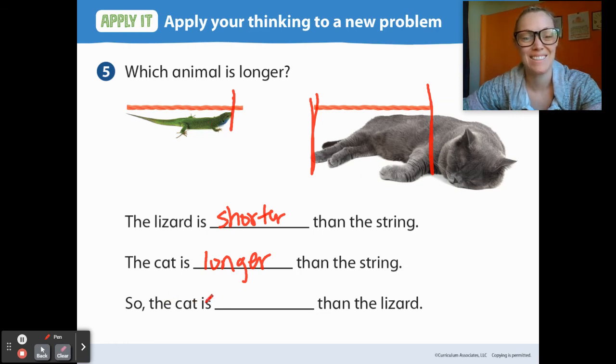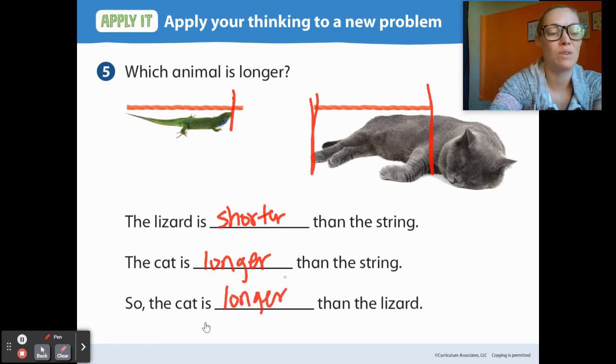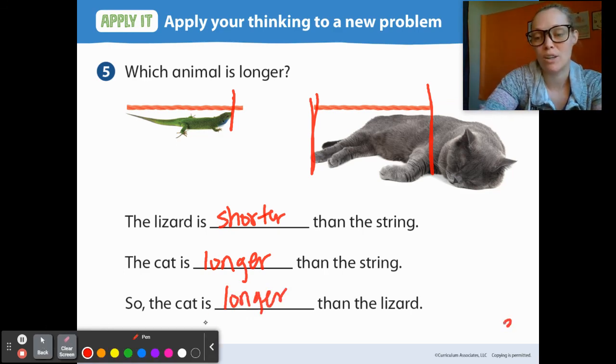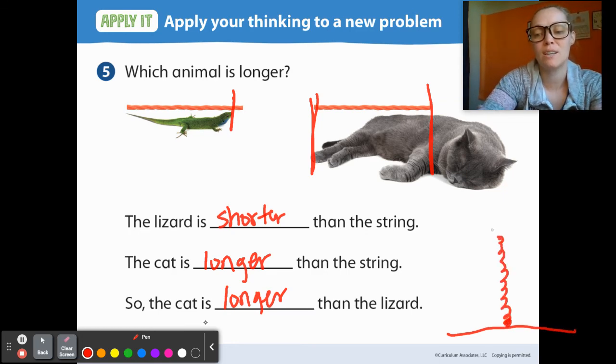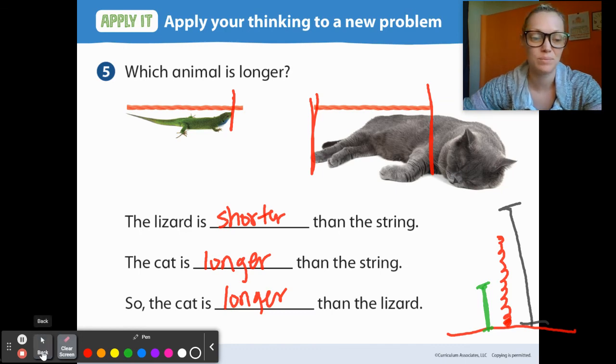The cat is longer than the lizard. And if you need to draw that picture, you get your starting line, draw your string, then you're going to show that your lizard is shorter, and you'll show that your cat is longer than the string. Now you can easily see that the cat is longer than the lizard.